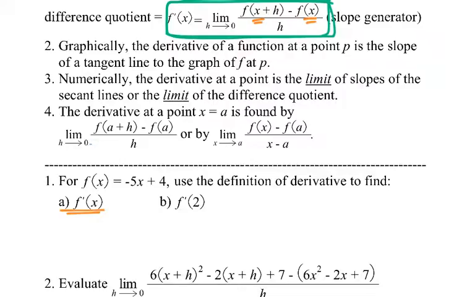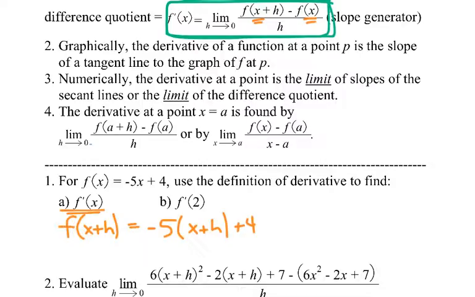So we're finding the derivative of this function. So the way that we do that is we say, well, if f of x is negative 5x plus 4, then f of x plus h is going to be negative 5 times x plus h, plus 4.